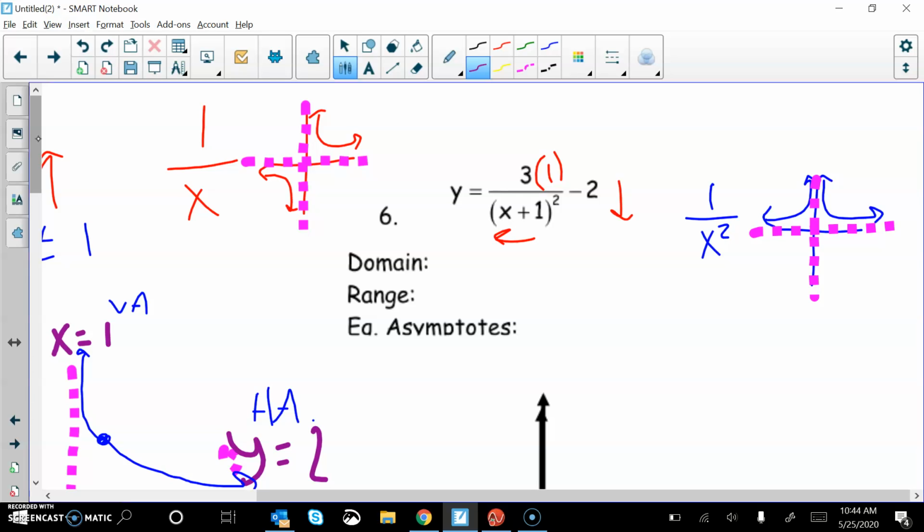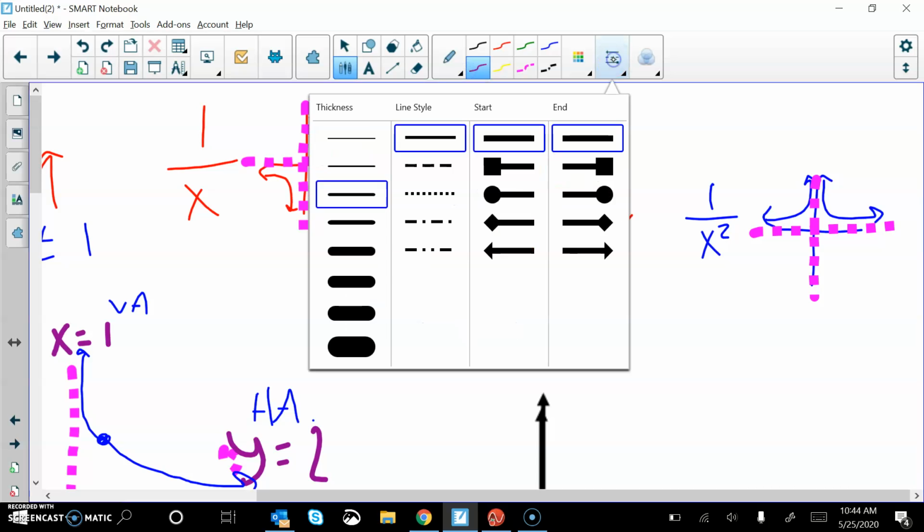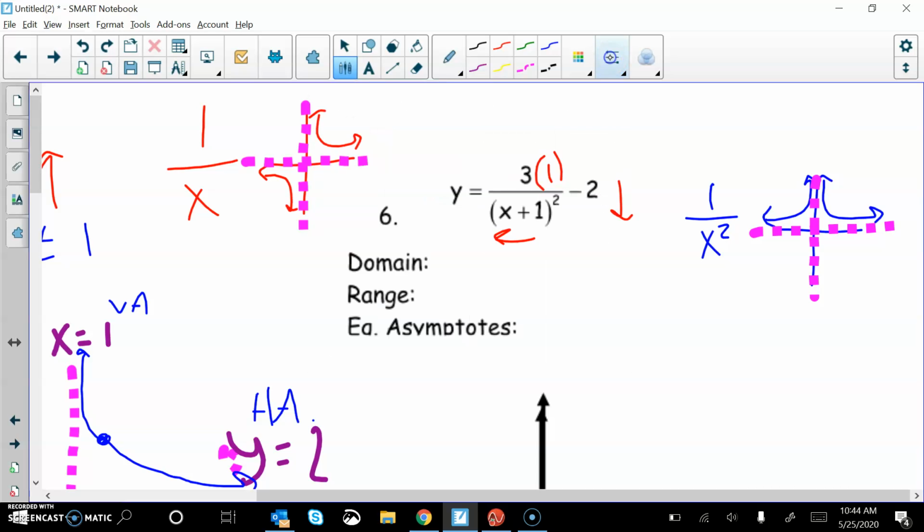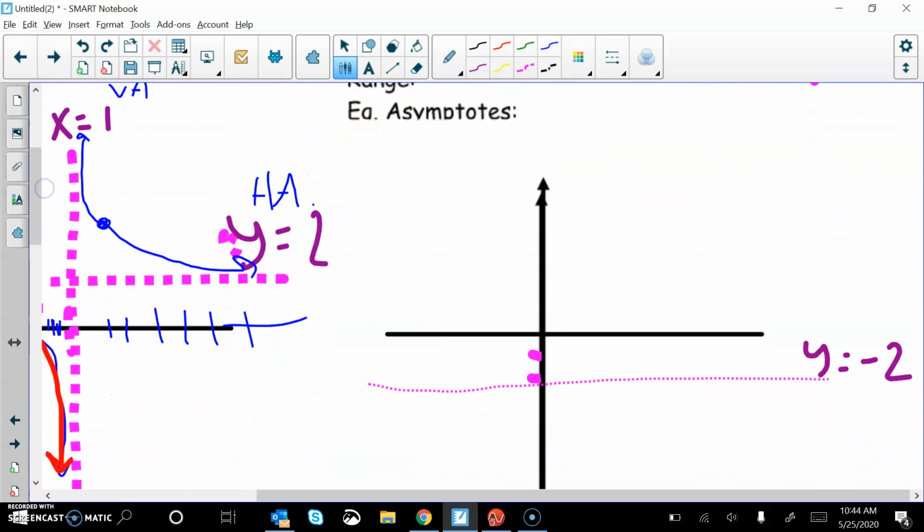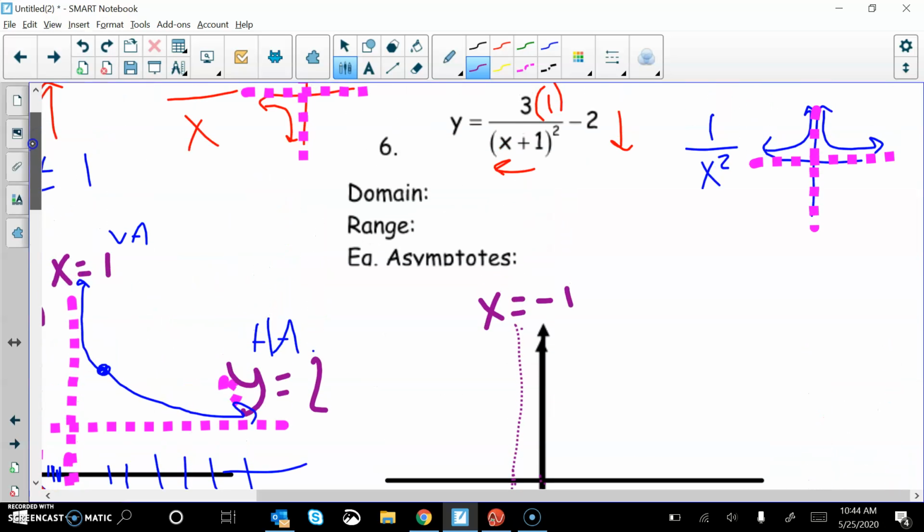My vertical asymptote, we have to send it left 1 unit. So instead of being here, it's going to be here. So your graph will fit between those. That's the line x equal to negative 1.